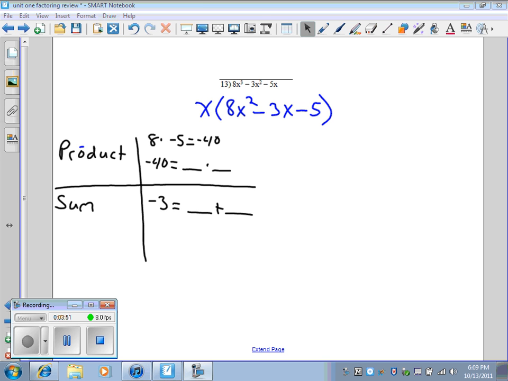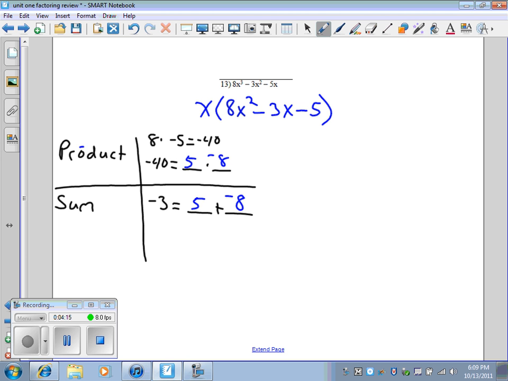So 5 and 8 will give me a difference of 3. So 5 and 8. One of them has to be negative in order to get a negative 40. So if I make 8 negative, I will get a product of negative 40 and a sum of negative 3.